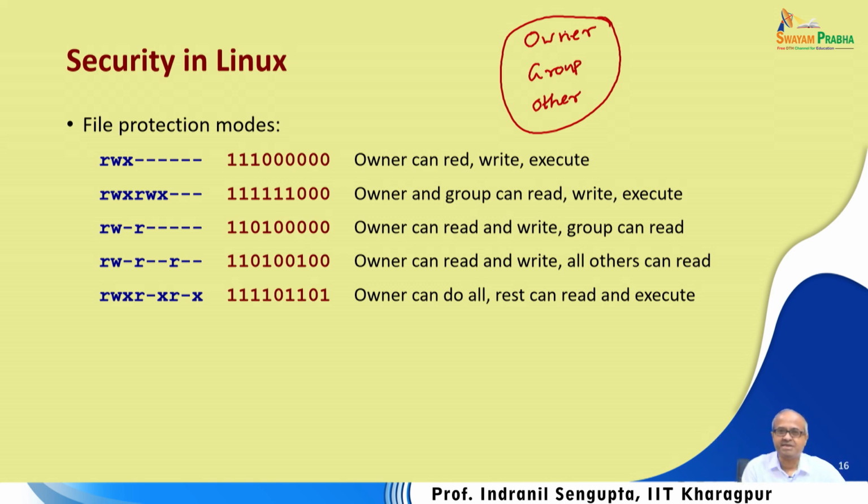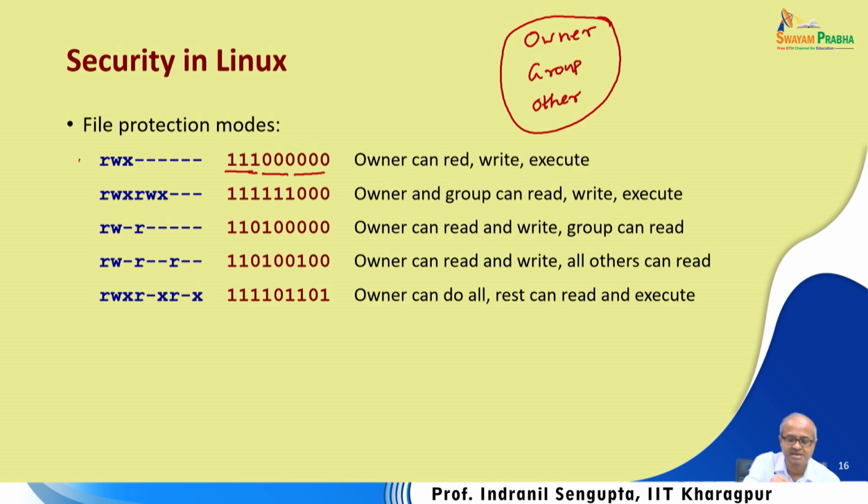So, there are 9 bits. The first 3 bits indicate owner, next 3 bits group, last 3 bits all others. There is 1 bit for every group, and in the order read, write, execute, RWX.